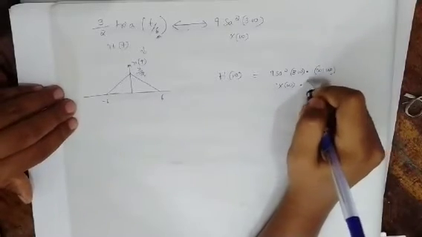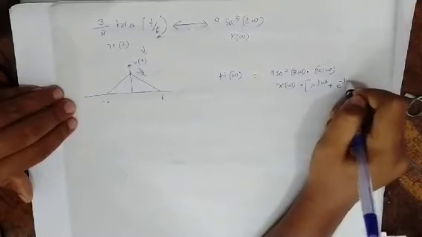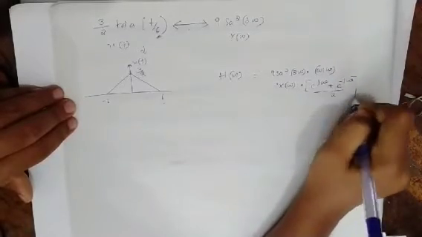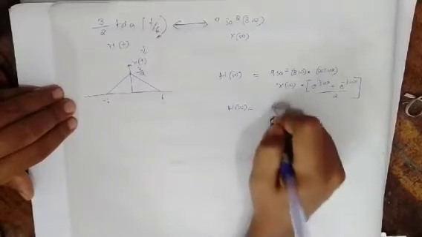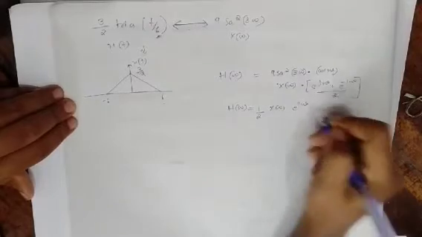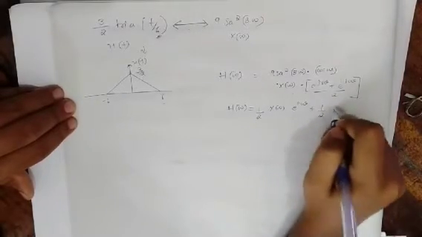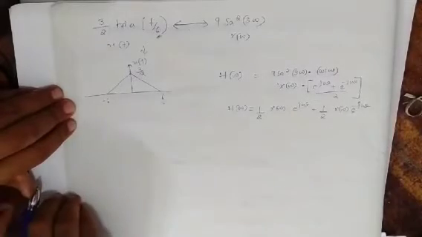Instead of cos omega, I am going to write e raised to j omega plus e raised to minus j omega divided by 2. No problem, right? And our h of omega will be equal to x of omega into e raised to j omega, plus 1 by 2 into x of omega into e raised to minus j omega.